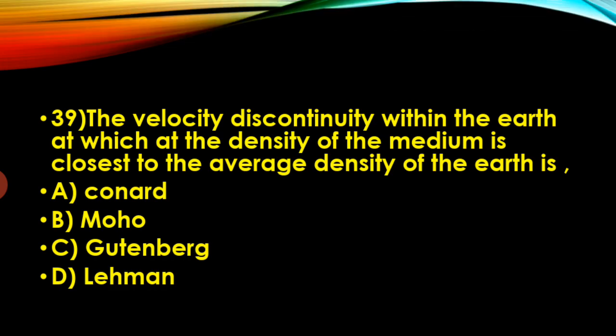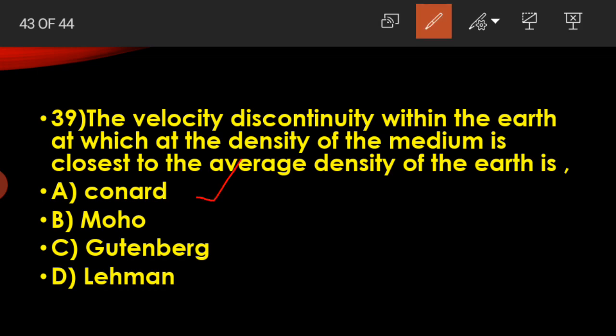The velocity discontinuity within the earth at which the density of the medium is closest to the average density of the earth is: option A Conrad, option B Moho, option C Gutenberg, option D Lehmann. The correct answer is Gutenberg.